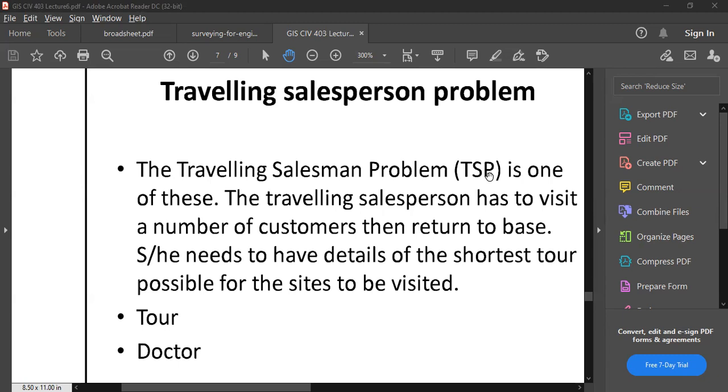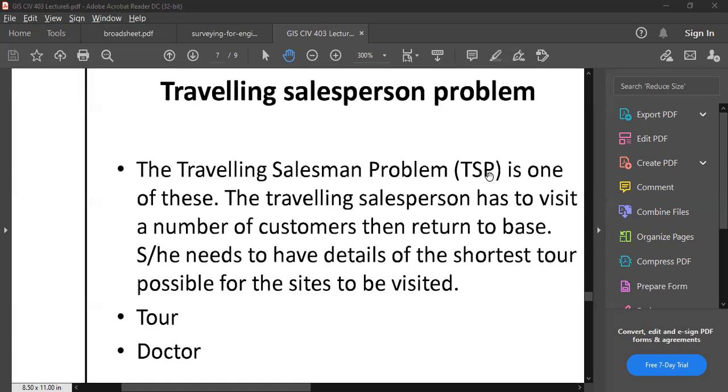In one particular exam, I asked a question about a COVID facility that's being set up, and doctors need to visit their patients. So the question was kind of off a bit. You are supposed to construct a facility like that, so all the questions were about the construction of the COVID facility, and locations, places. That's what GIS is about.